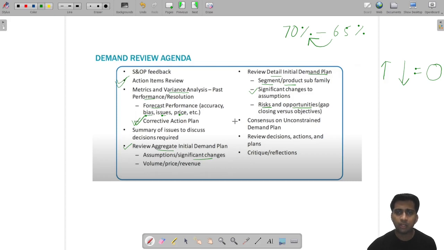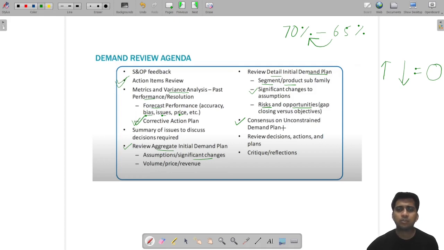And then we jump to the last part of the demand review, which is consensus on unconstrained demand. The demand team will have the forecast, which should ideally be unconstrained. Then, with all the functions' inputs, a consensus is finalized, considering all the bottlenecks of different functions and different priorities.